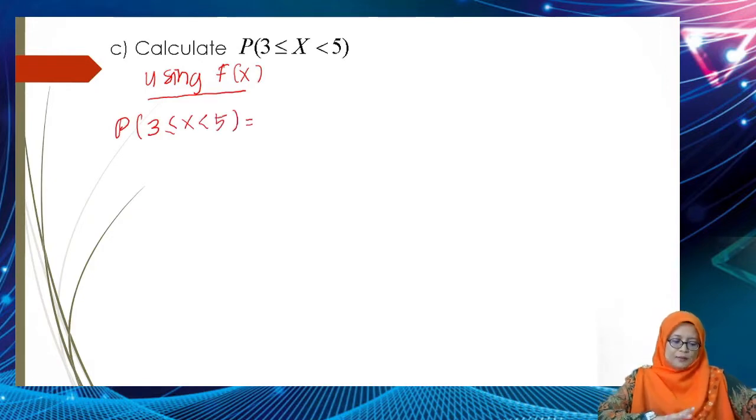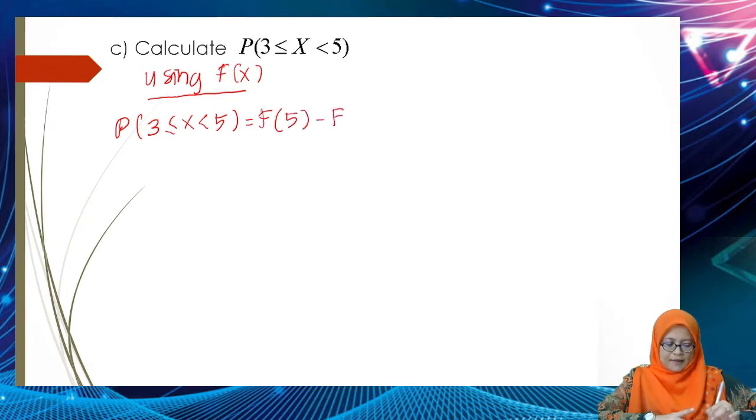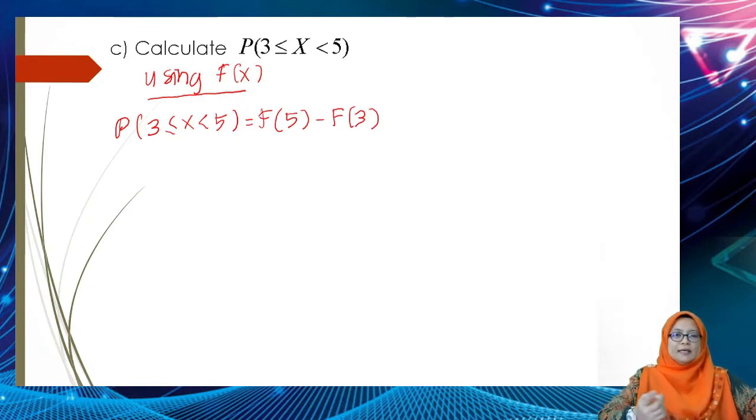Okay, so kalau guna F besar ni, kita akan ambil nilai yang belakang dia. So means that F5 minus nilai yang depan dia, F3. Tak kisahlah dia ada include ke tak ada include, tapi sebab dia adalah continuous, you tak payah consider dia punya sign.